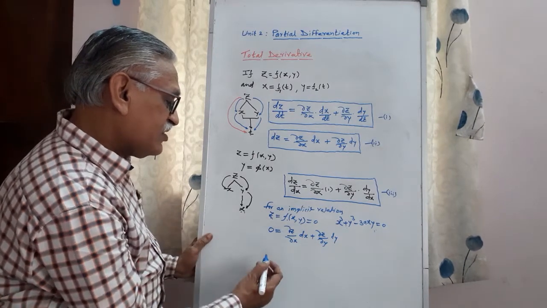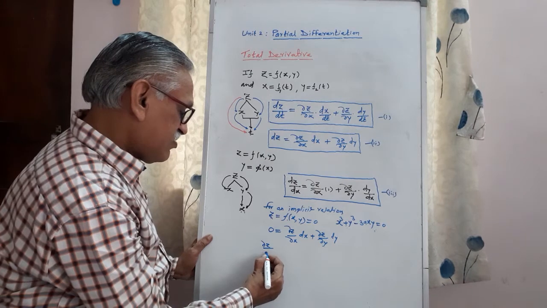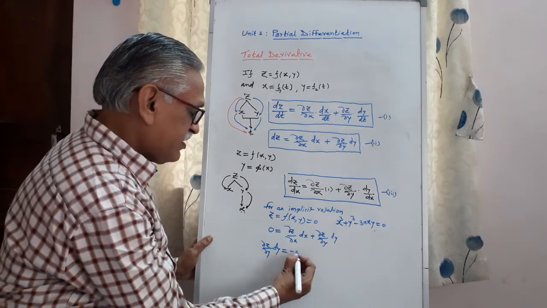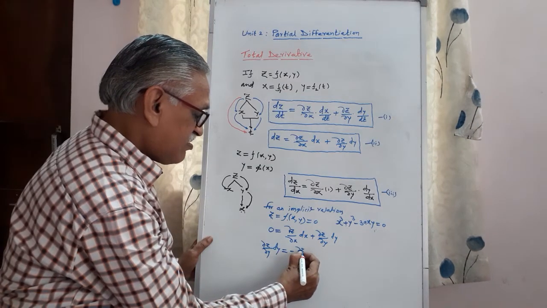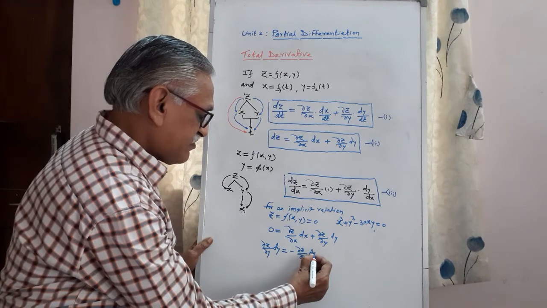Transferring this to the other side, we get dou z by dou y into dy is equal to minus dou z by dou x into dx.